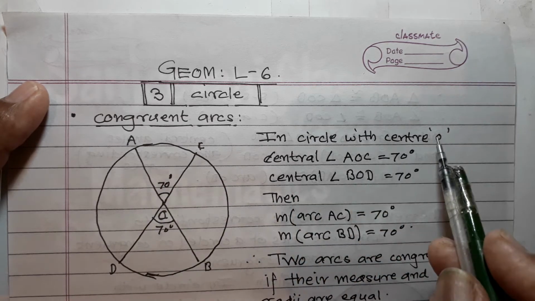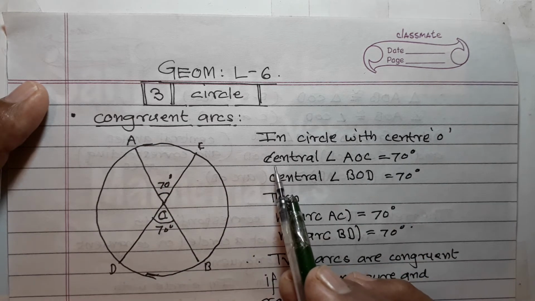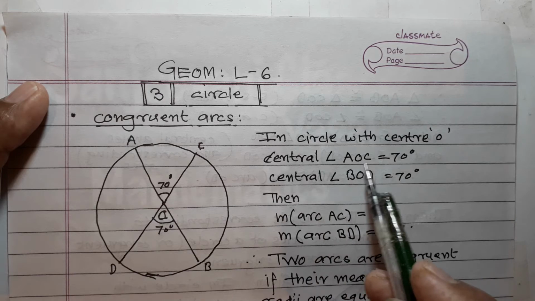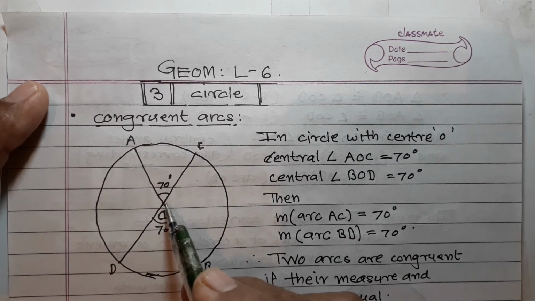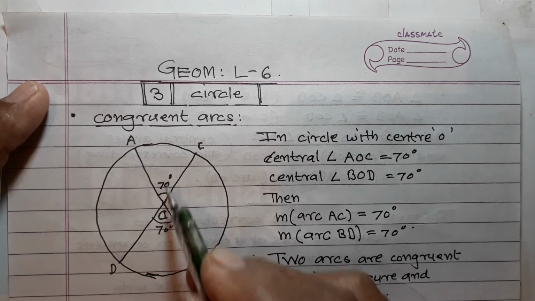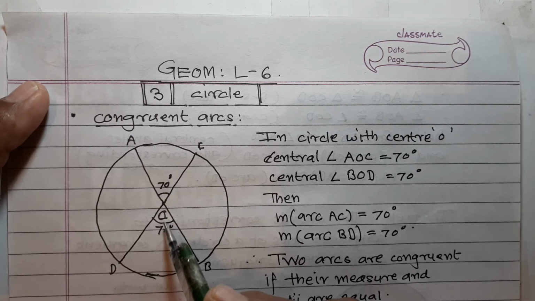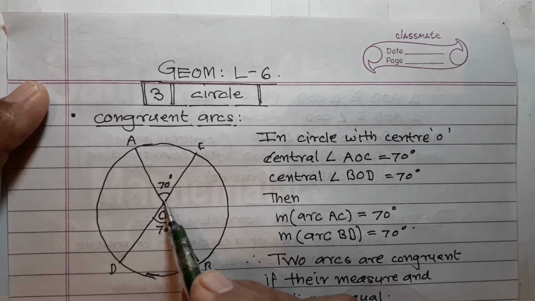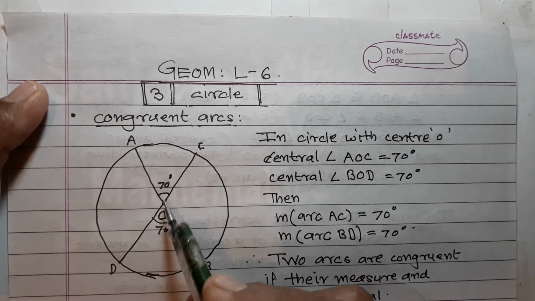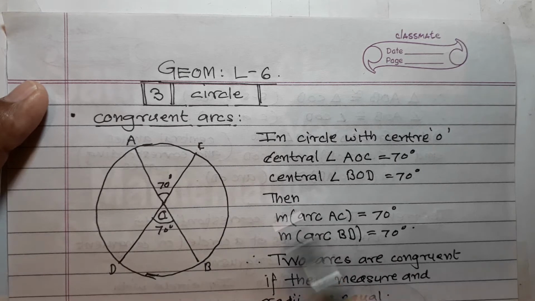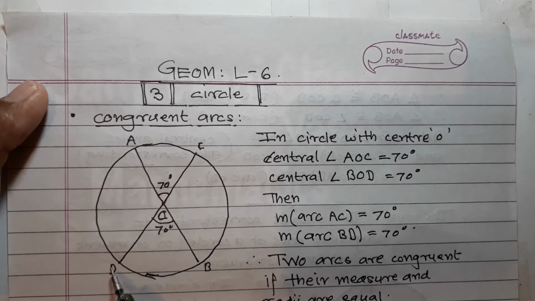In circle with center O, central angle AOC. Now suppose this is a circle with center O, this is a central angle and this is a central angle, because the vertex is the center itself. Central angle AOC and central angle BOD.